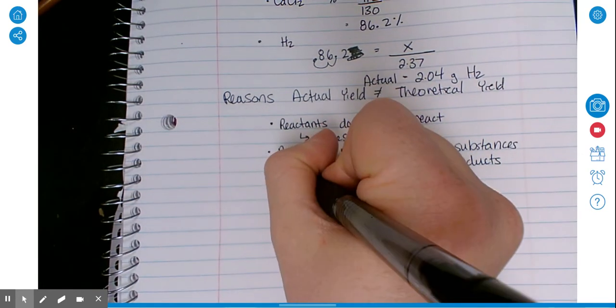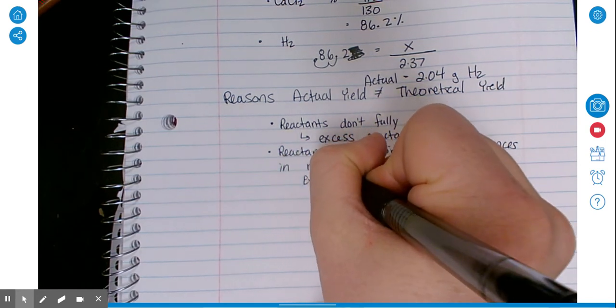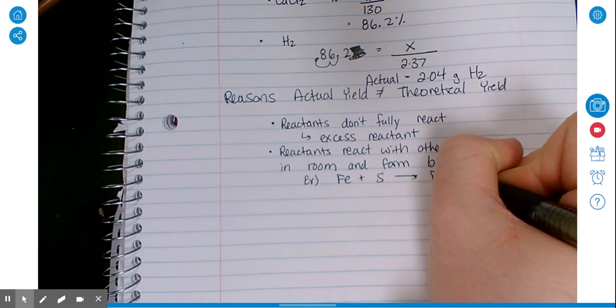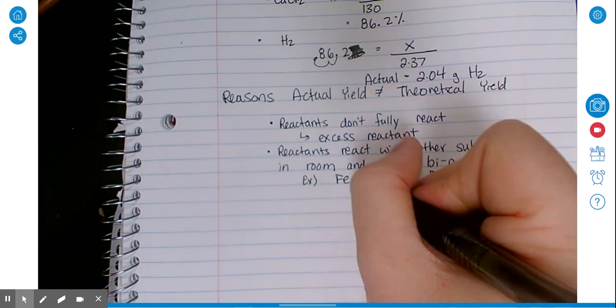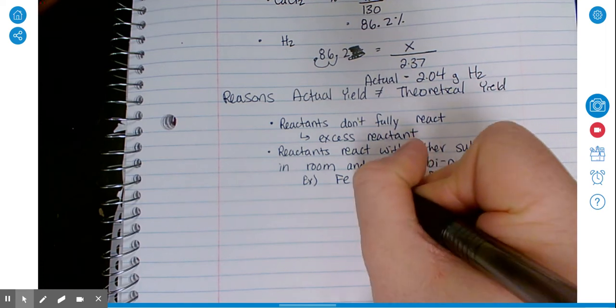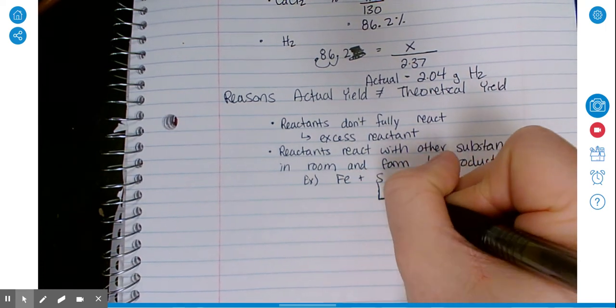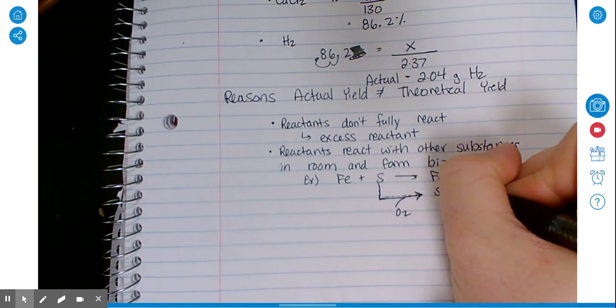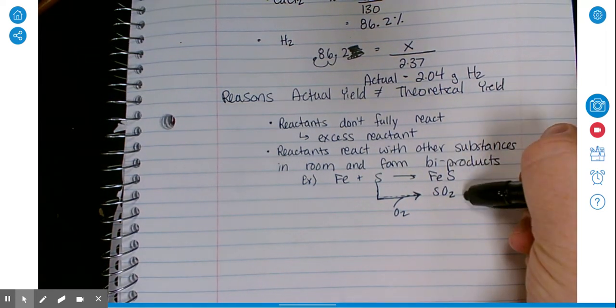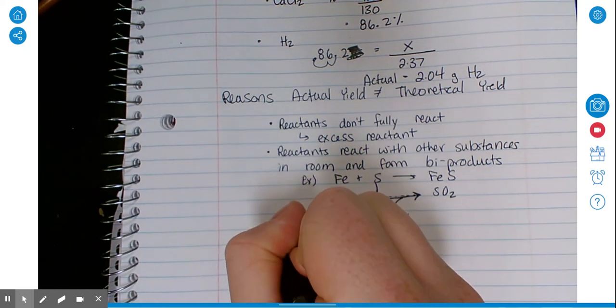A good example of this was your iron sulfide lab. So iron reacts with sulfur to form iron sulfide. Sulfur can also, I'll do a real arrow, react with oxygen in the room to form SO2. So we have intended product and we have byproduct.